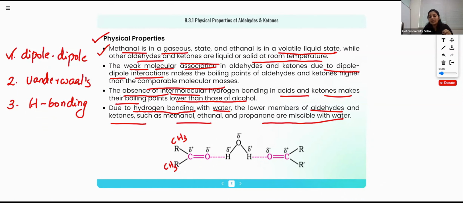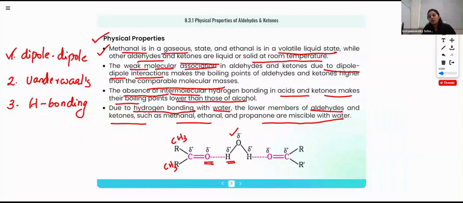When we add this propanone into water, this oxygen makes an interaction. It makes a hydrogen bond with the hydrogen atom of the water molecule. The interaction between hydrogen and a highly electronegative atom is called hydrogen bonding.